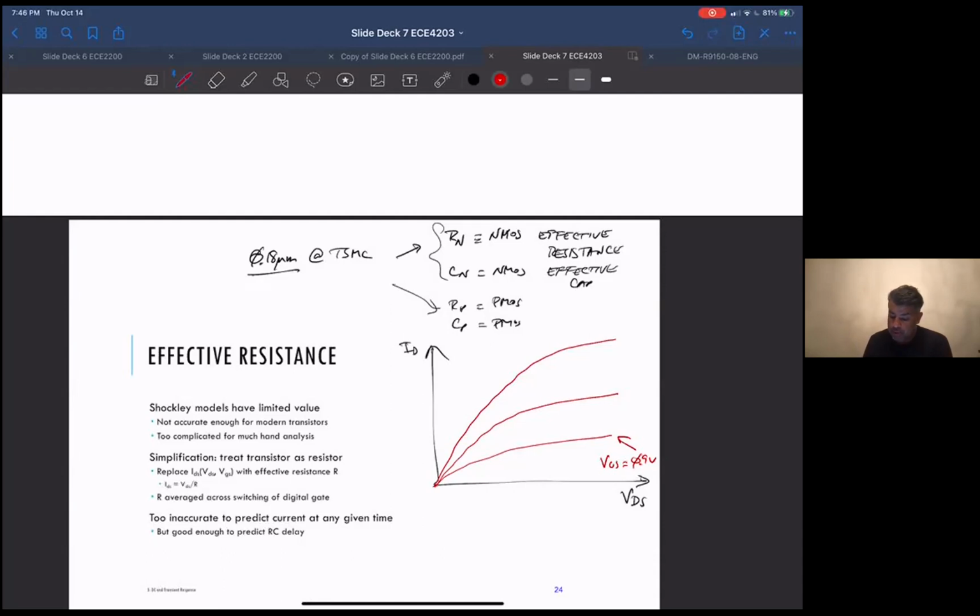Sorry, let me think for a second. If you have an NMOS and it is turning on, the VGS is going to go from 0.9 to 1.8.